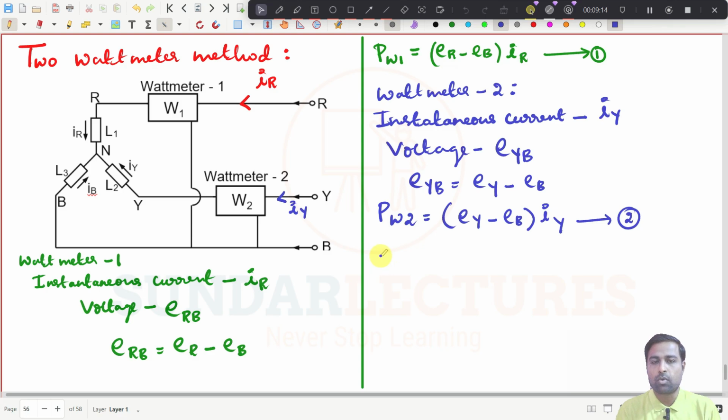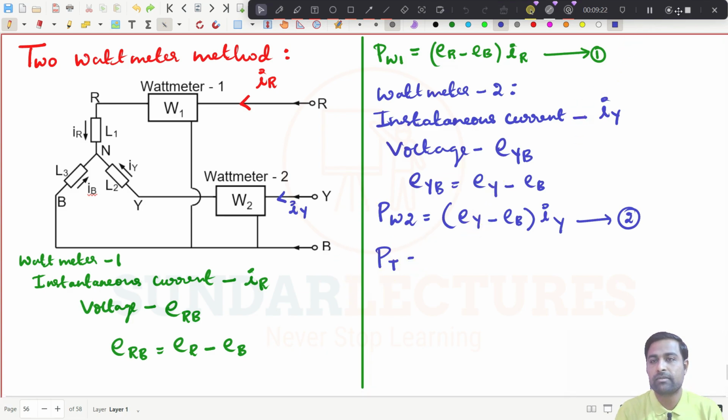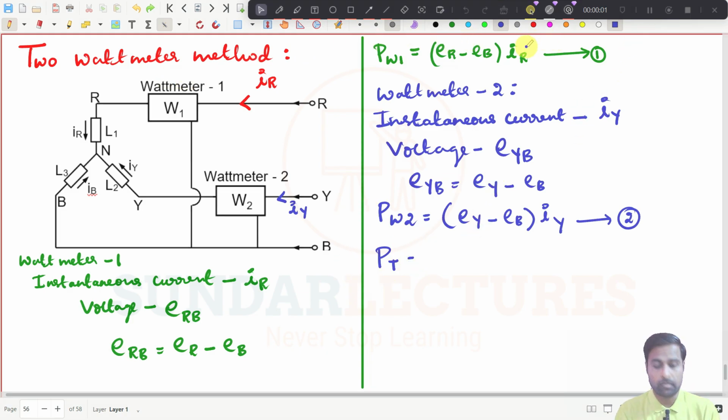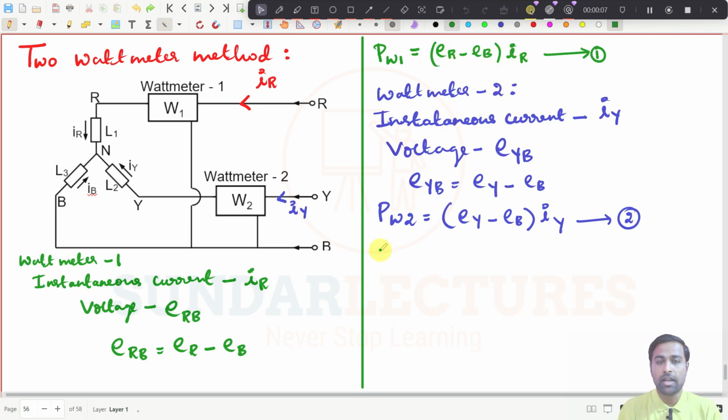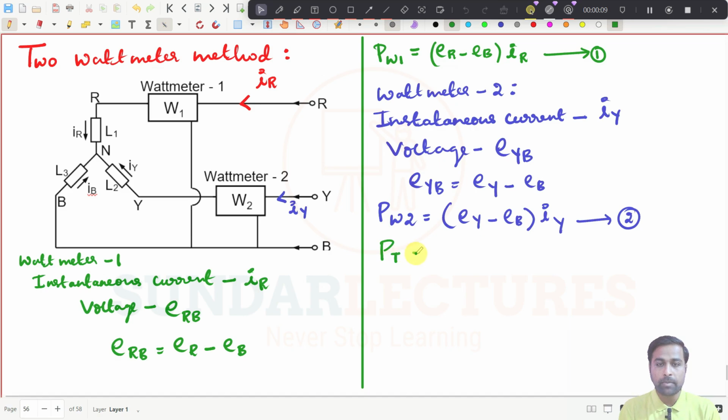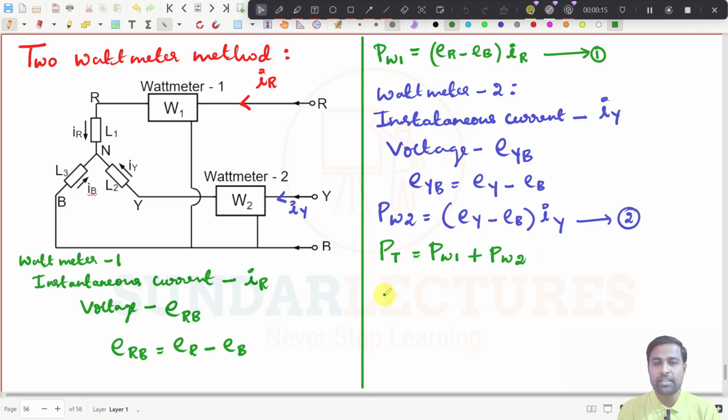And you see now, what is the total power? Maybe I will use a different color. PT is equal to what? PW1 plus PW2. So add these two values now.